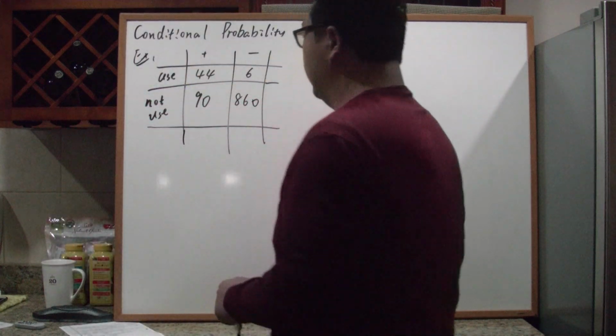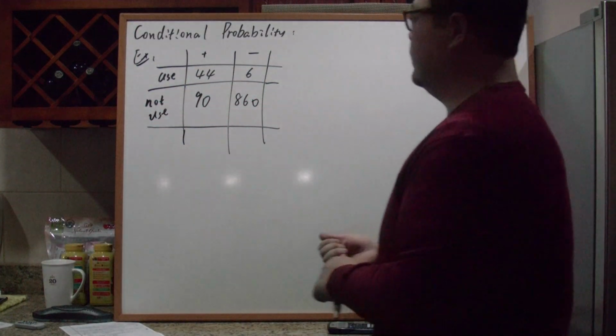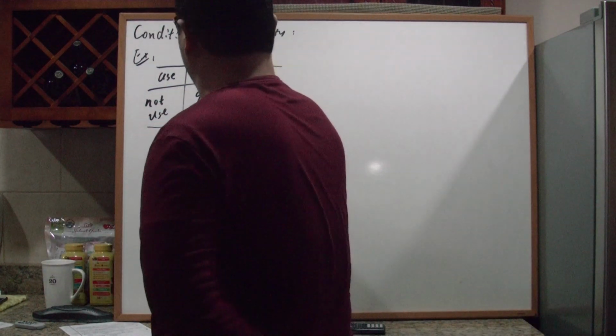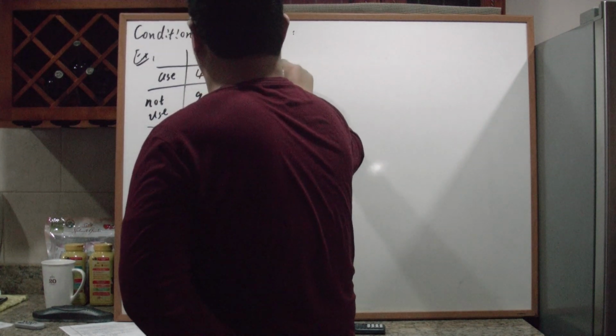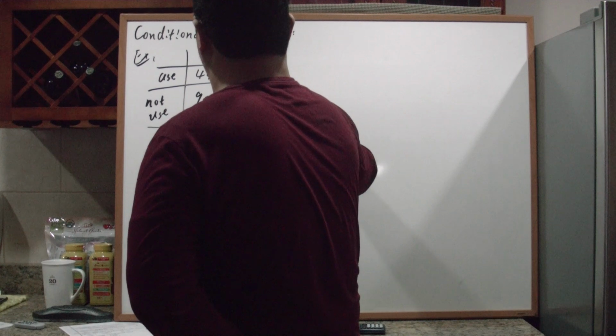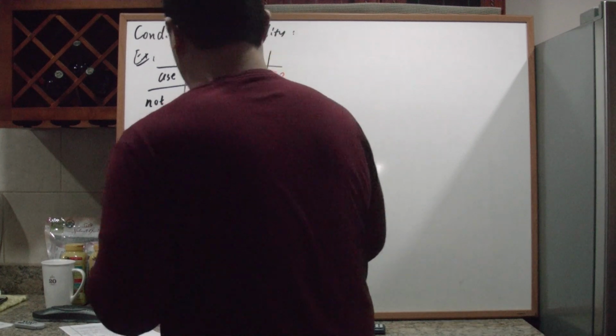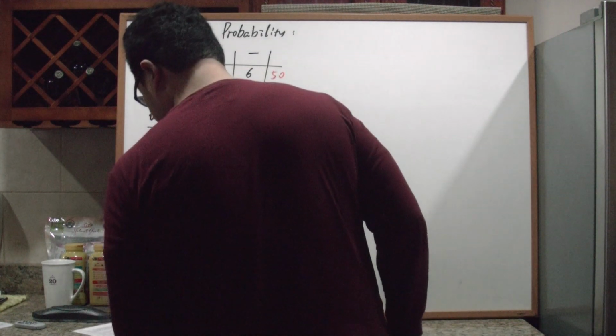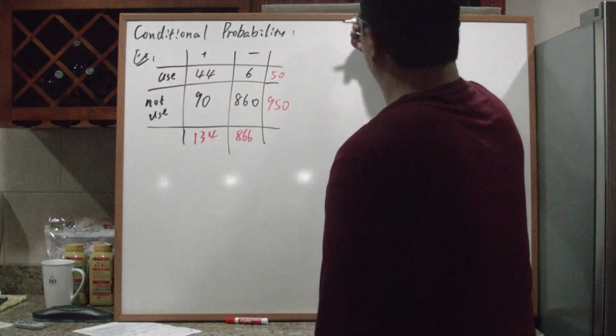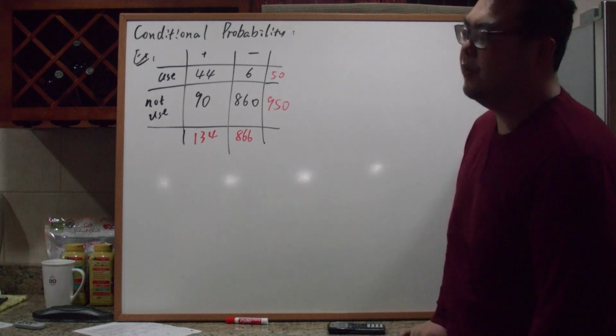Or still the table of what we have used before, with 166 or 50 and 950. Right, so a couple of things being asked. We have seen that before actually, right?